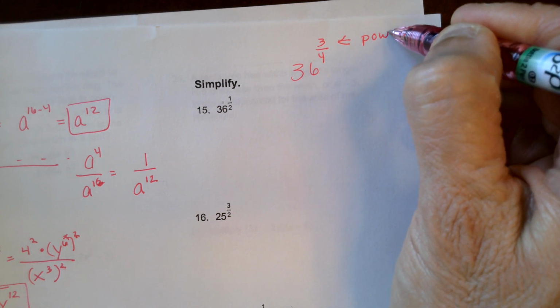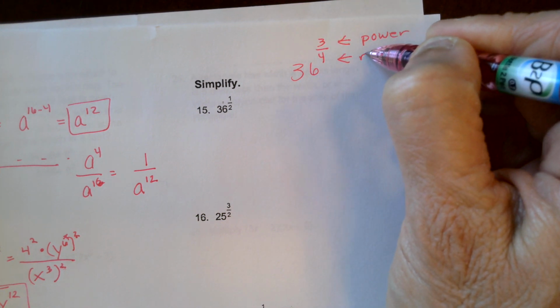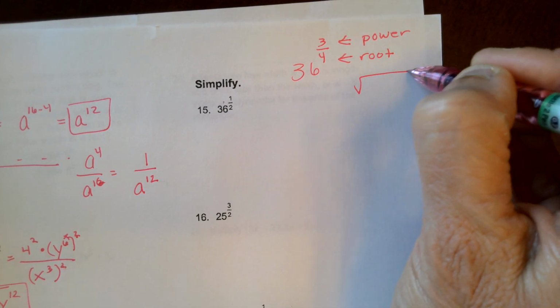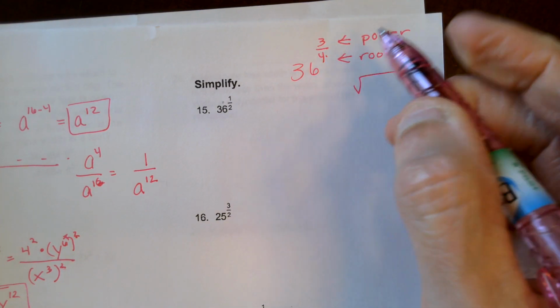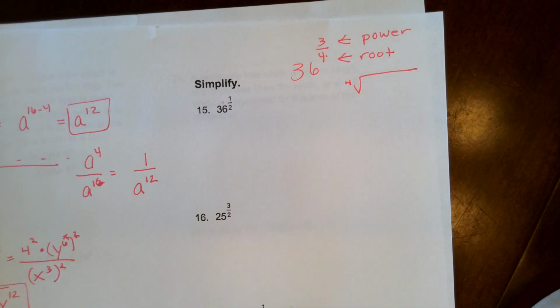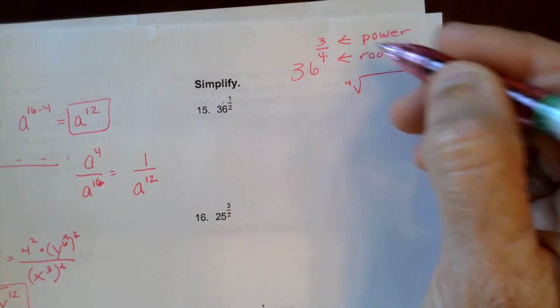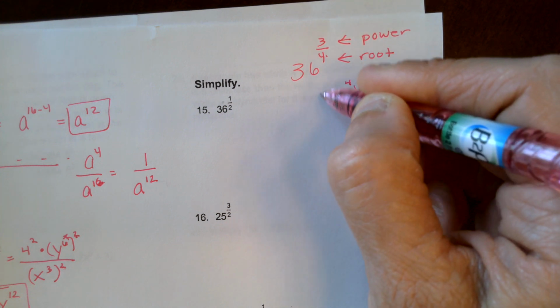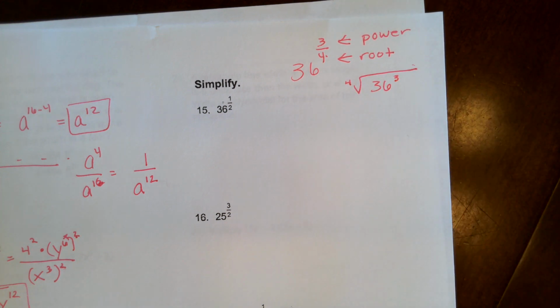The top number is the power, and the bottom number is the root. So I can either put it here, or I could have put it out here. Either way. There's no order that you have to do those in.